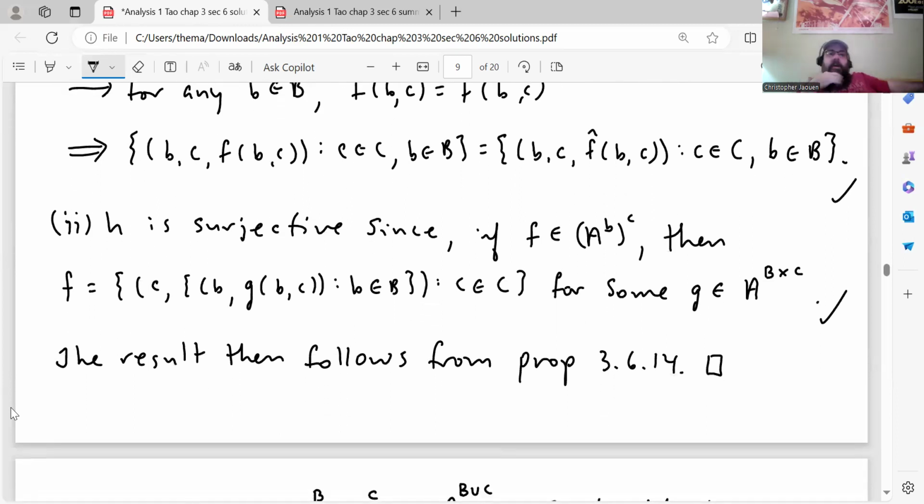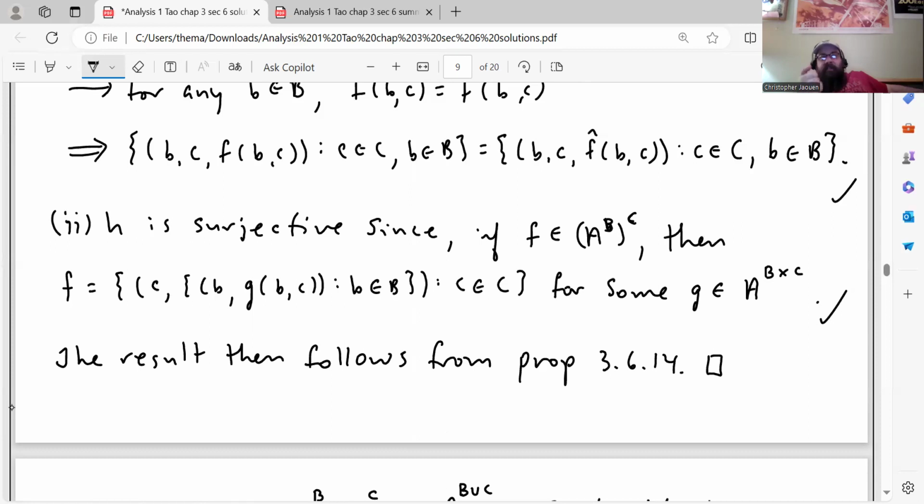Part two, h is surjective, since if f is an element of the set, sorry, this should be capital B, this should be capital C. So f is an element of that set, then f, again I'm kind of abusing notation here because I got tired of writing, since this is such a long exercise set.